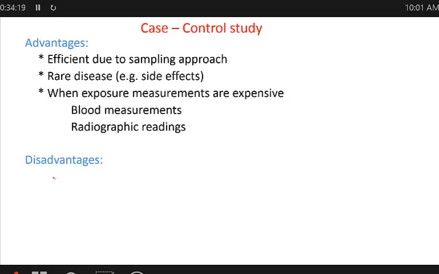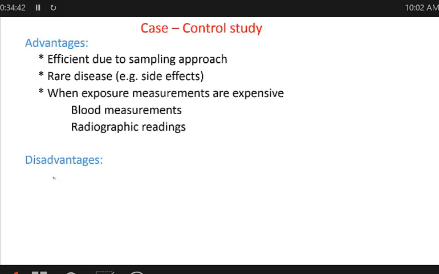So do you see? The only reason you do a case control study is that you still have to collect data, mainly on the exposure, and you are going to run outside assays. You don't have the resources. You don't have money. Therefore, you have to shrink the sample size to match your budget.